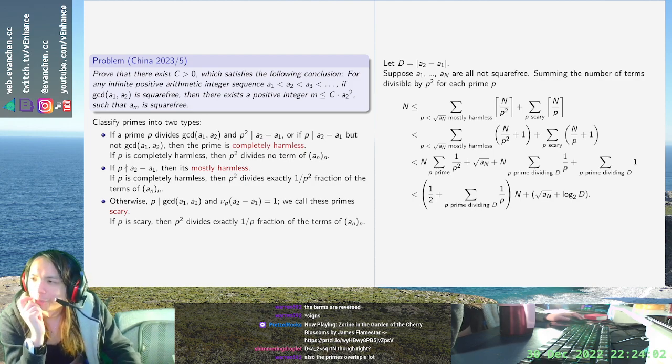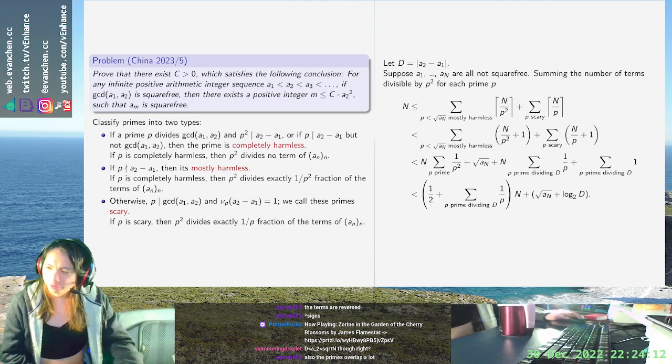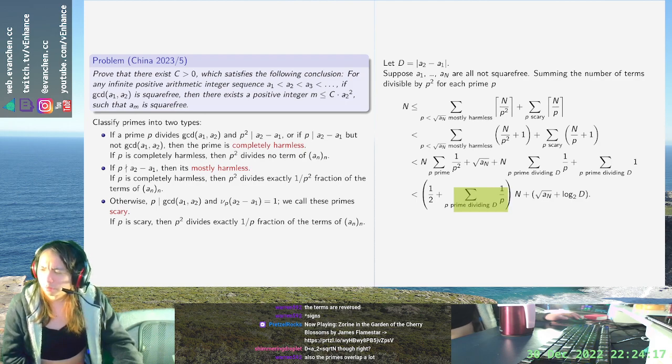Okay, the point is that I can get D. If D is just so large that this is greater than 1, then this inequality is just always true, right? Hang on, I'm confused now.